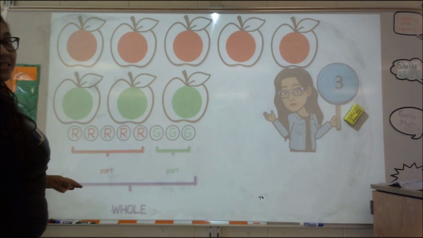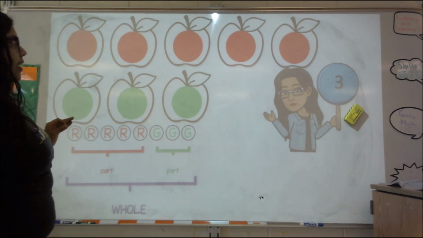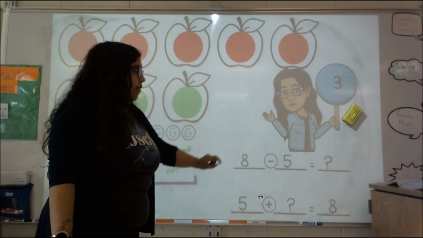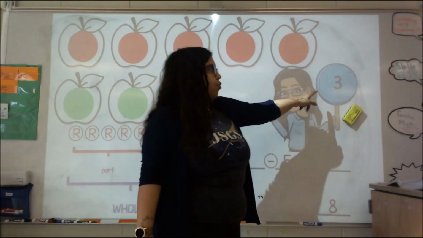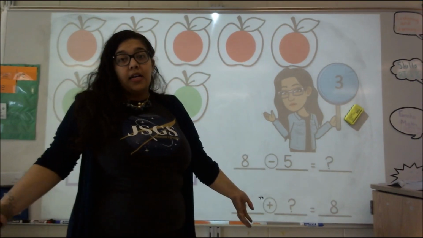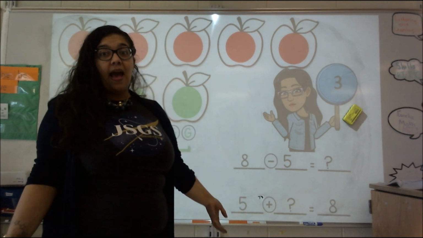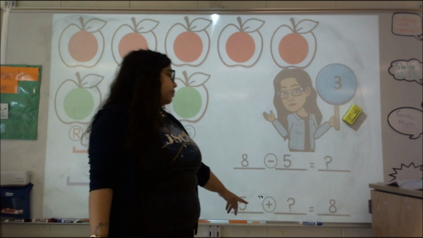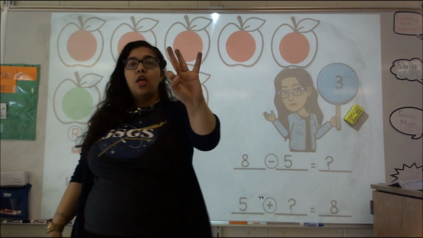And then our number sentences, one addition, one subtraction to match this, are that 8 apples minus 5 red ones equals, we said, 3 green apples. 5 red apples plus, we don't know how many green apples is equal to 8 apples, but we've solved to find out that that missing part is 3.